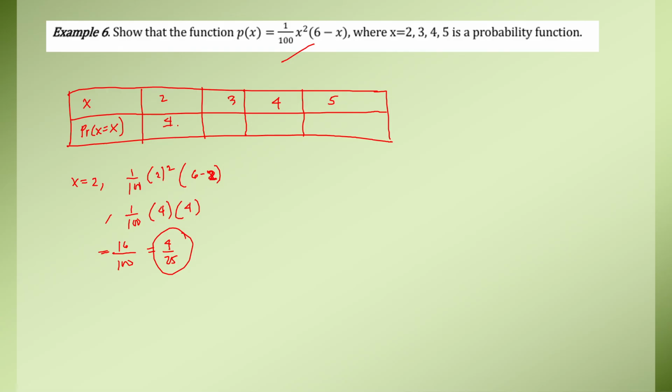When x is equal to 3, 1 over 100 times 3 squared, 6 minus 3, so this is 9 times 3. So this is 27 over 100.